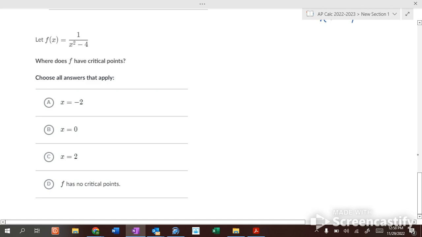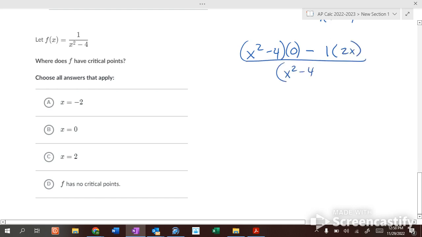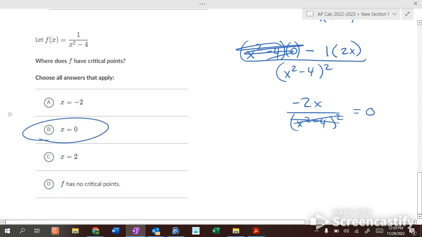Let's do the quotient rule just for giggles. x squared minus 4 times the first derivative of the numerator, which is 0, minus the numerator times the first derivative of the denominator, all over the denominator squared. So the first part is 0. So you get -2x over x squared minus 4 quantity squared. So that equals 0. If we multiply both sides by that, the denominator disappears. 2x equals 0. So x equals 0 is a critical number.